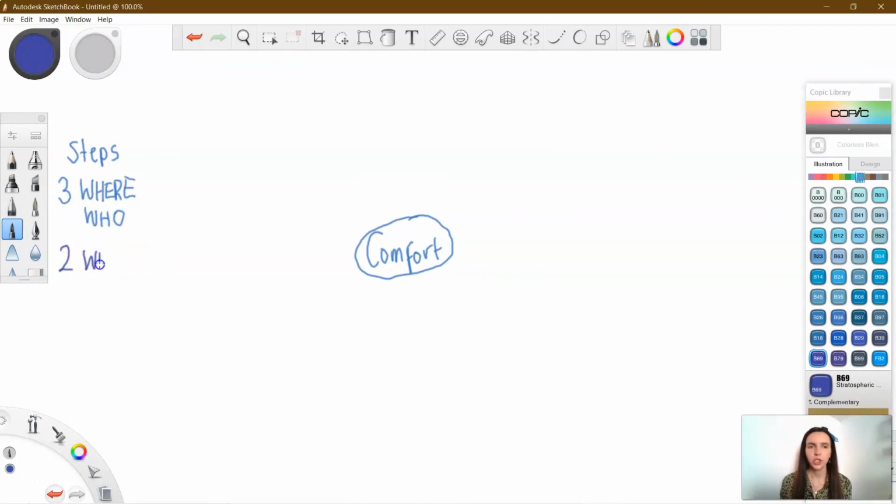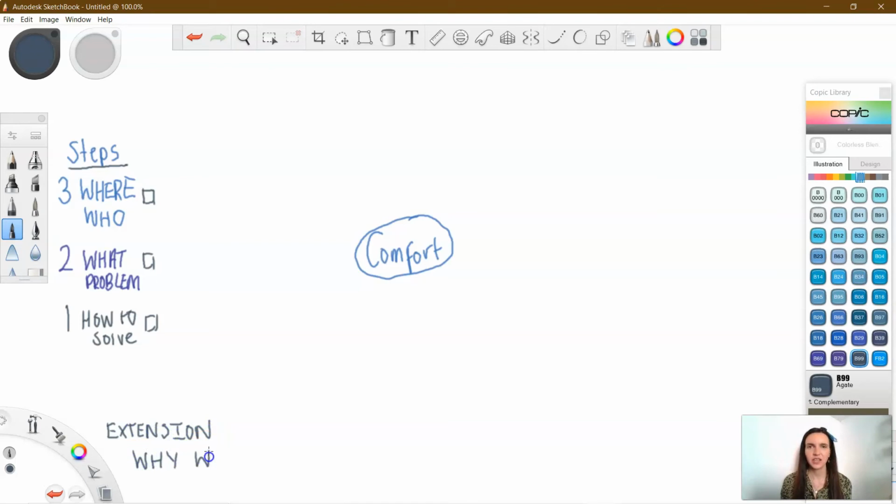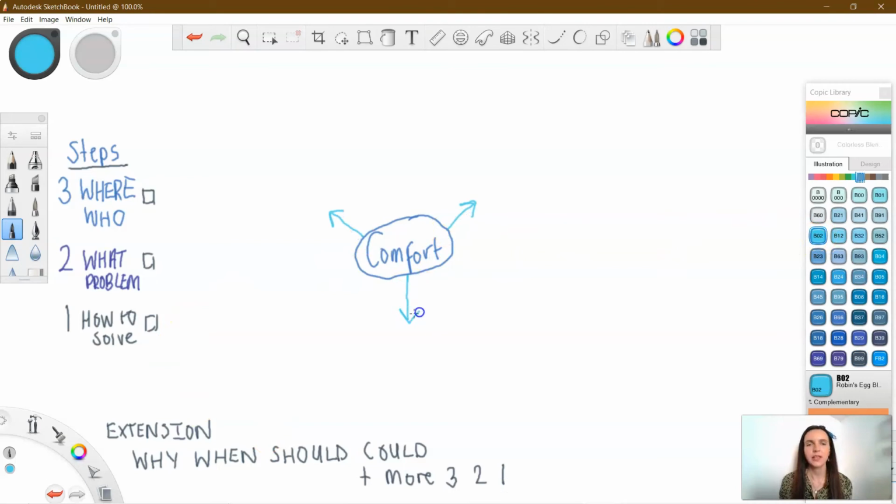Then we're going to move on to 2, what problems actually exist in this area. Then 1, how are you actually going to solve that problem? So you've got your 3, 2, 1. You've then got some extension activities, which are why, when, should, could, and then also more exploration of the 3-2-1 method. So let's make a start.